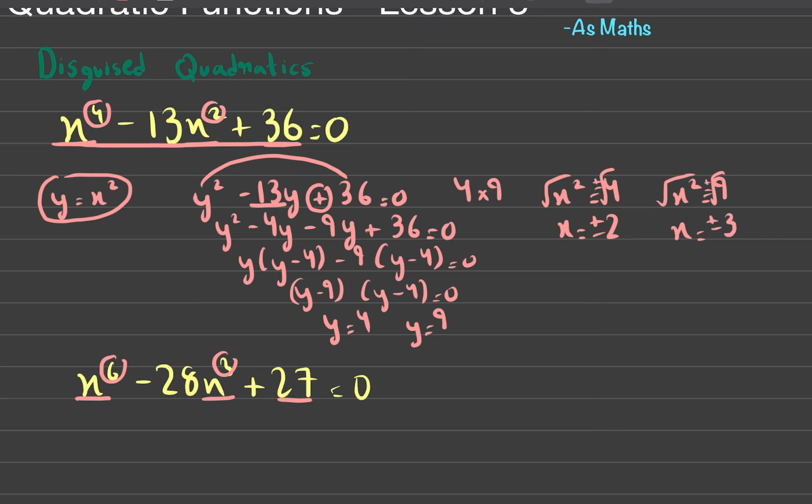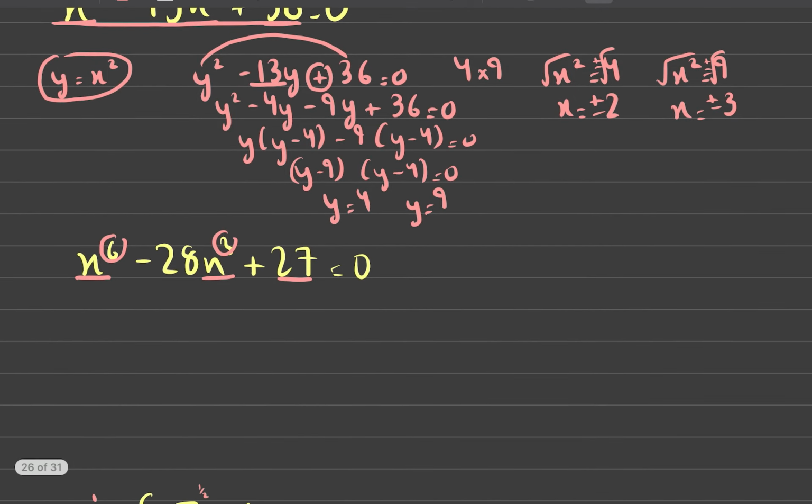Got this? Let's practice more. Here in this case, let's say s is equal to x cubed. So it's going to become s squared minus 28s plus 27. How do you do middle term breaking? So what's written with s squared? 1. And this is 27. 1 into 27 makes what? 27.